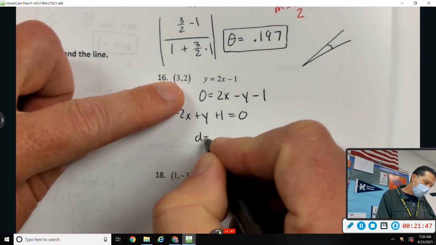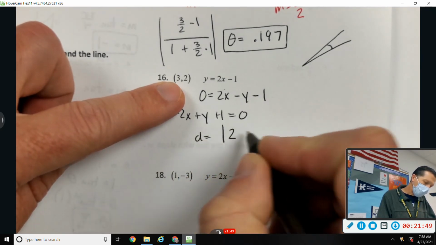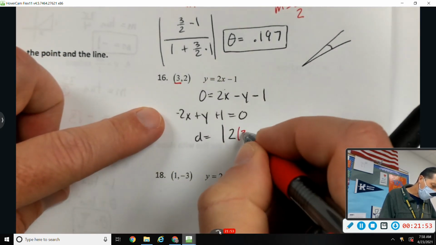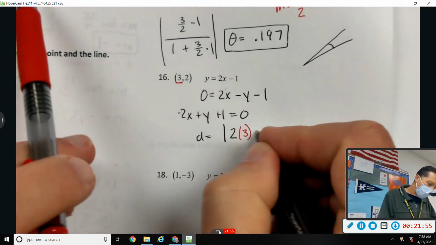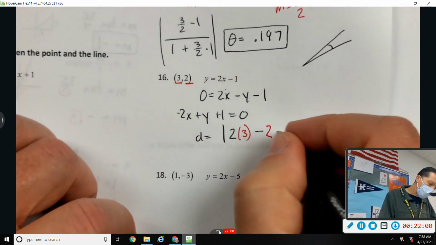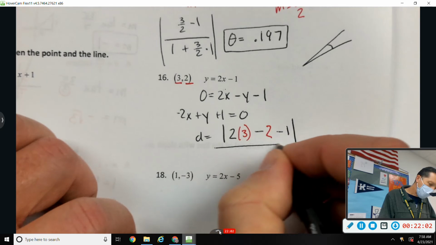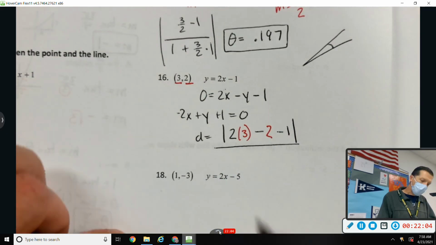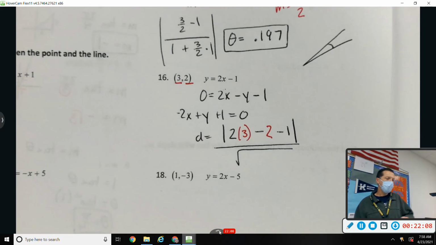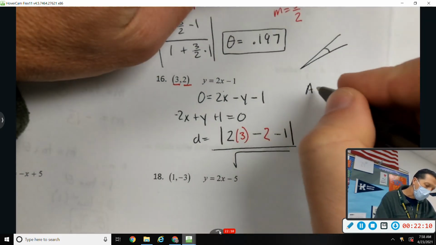So absolute value of 2, but in for x goes 3, minus y, in for y goes 2, minus 1, all over the square root of a squared plus b squared. You know what? I wonder if it would have been better if we had just labeled them to begin with.